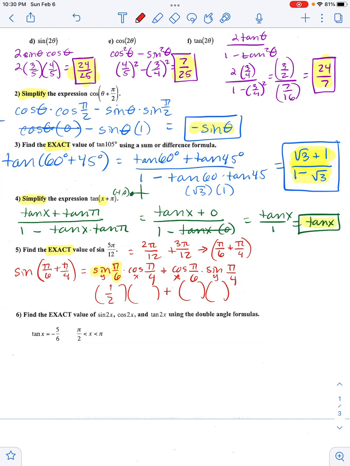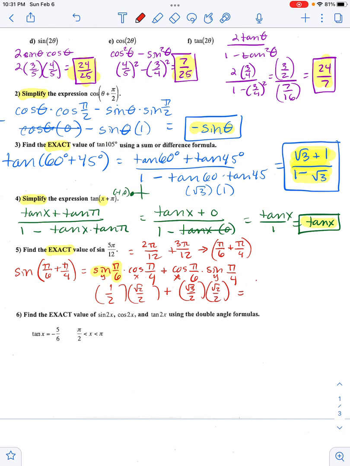And the cosine at pi fourths is root 2 over 2. Now it's asking you to go back to pi over 6 and find the x value. So at pi over 6, the x value is root 3 over 2. And at pi over 4, the sine or y value is root 2 over 2.